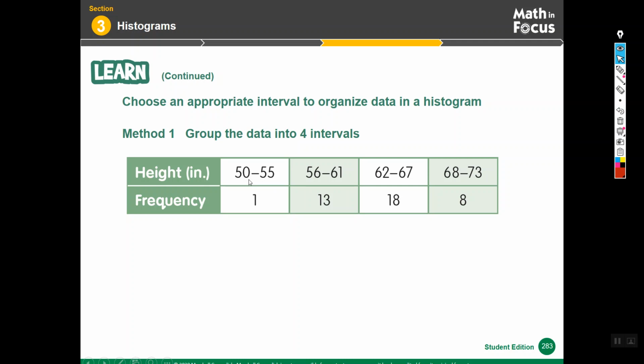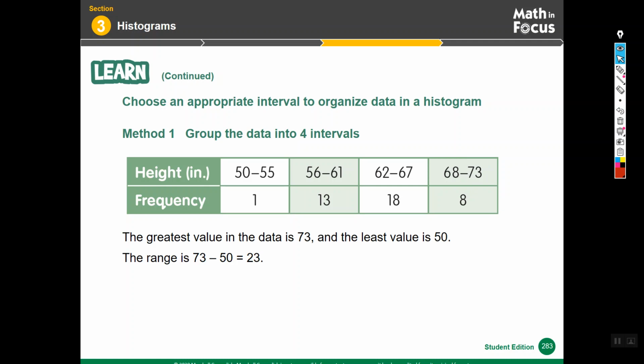So 51, 52, 53, 54, 55. Yeah, that's 6 numbers. So each one of those, except for this last one, which would probably be shy of that by 1. Okay. All right. So let's go to the next slide and see.